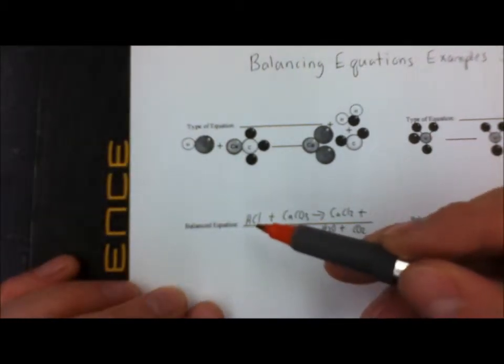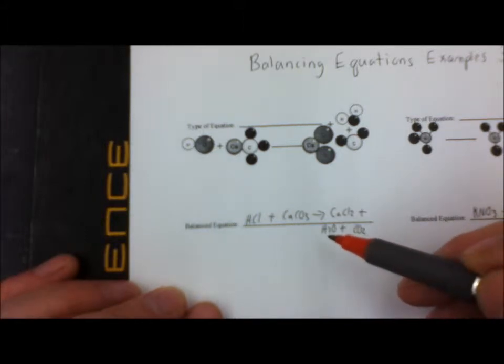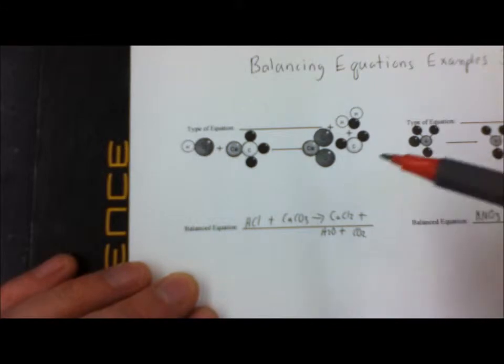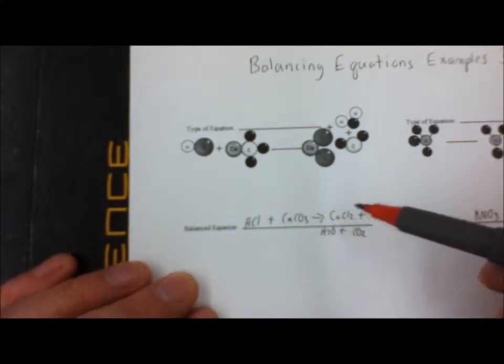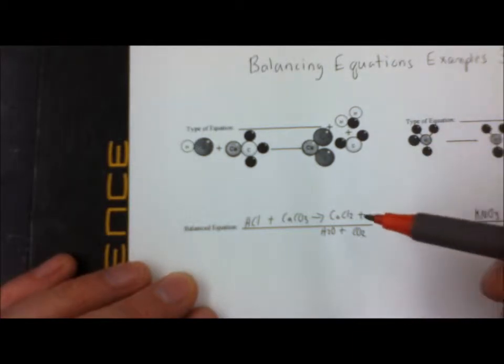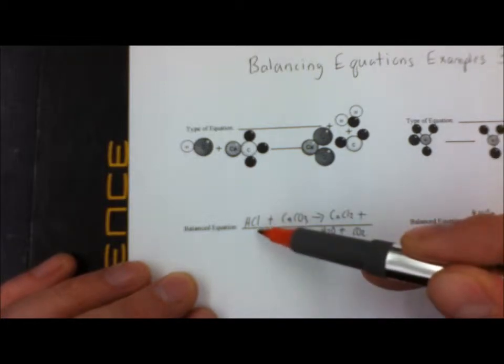So we've got hydrogen chloride, calcium carbonate, calcium chloride, water, and carbon dioxide. Let's start with the calcium, for example. We've got one calcium, one calcium, so they're balanced. Let's try chlorine. We've got 2 chlorines and 1 chlorine.